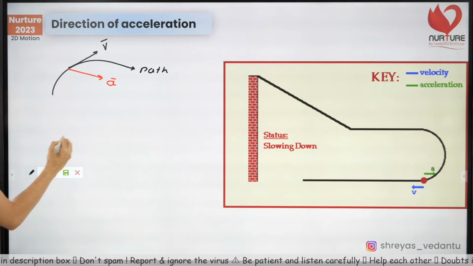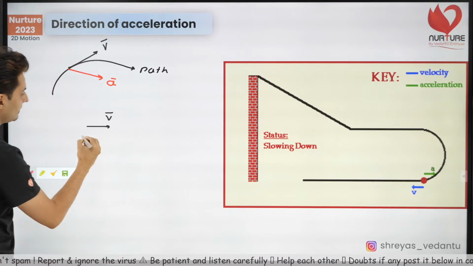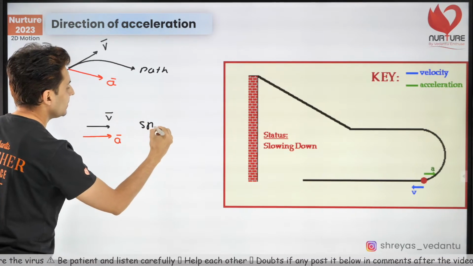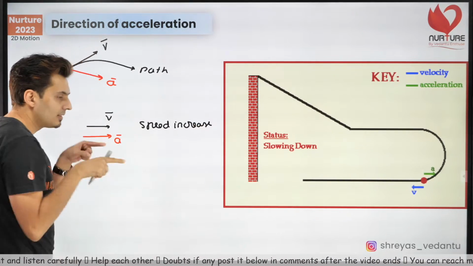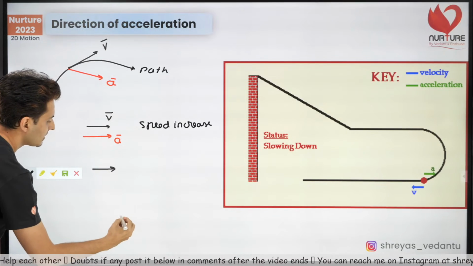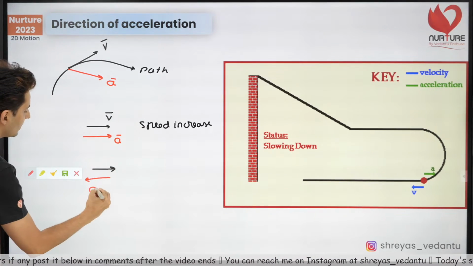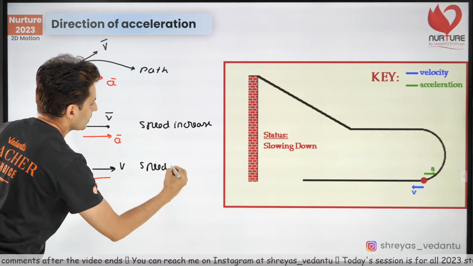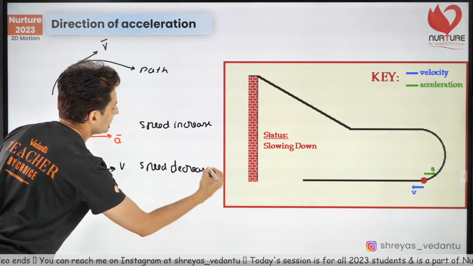The point that you should note is that if velocity and acceleration both are in the same direction, then the speed will increase. You're accelerating in the same direction as that of the velocity. If the velocity and acceleration are in the opposite direction, then the speed will decrease. This is something which you should keep in mind.